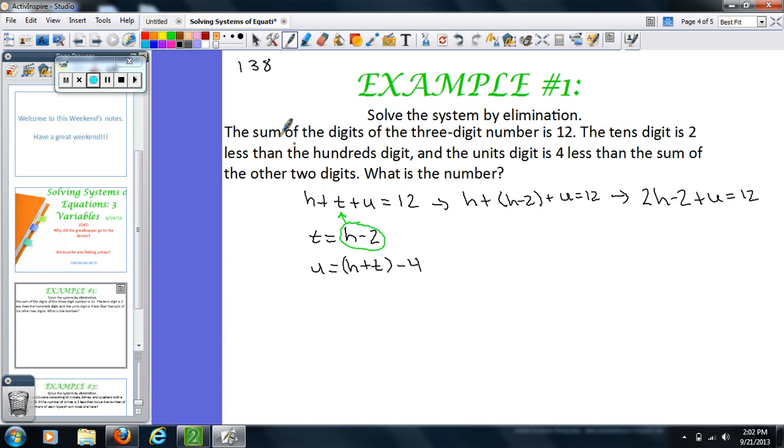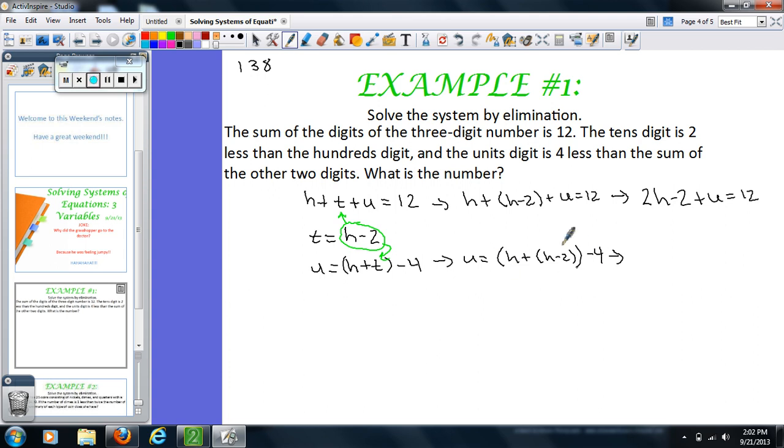Okay. Now when I look at the u equation, I see an h and a t. I want to get u in terms of one variable, so I'm also going to plug this value in for t here. That means u equals h plus h minus 2 minus 4.